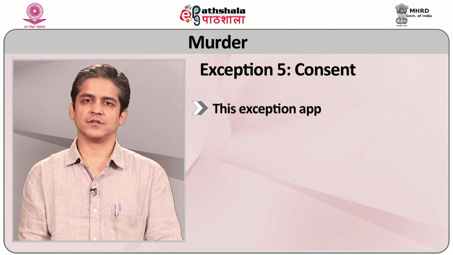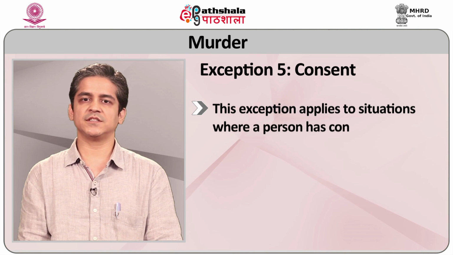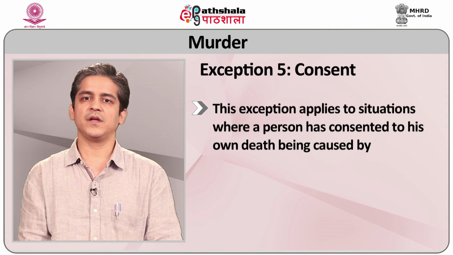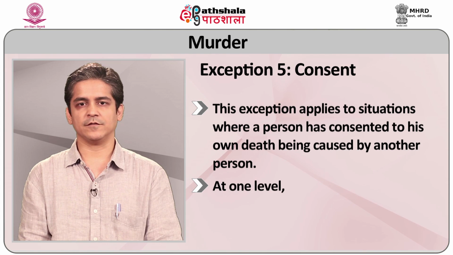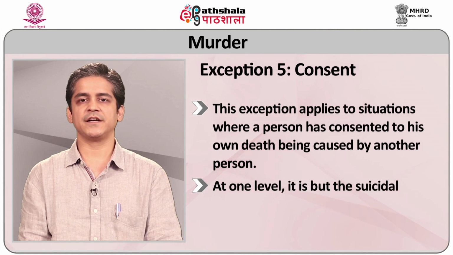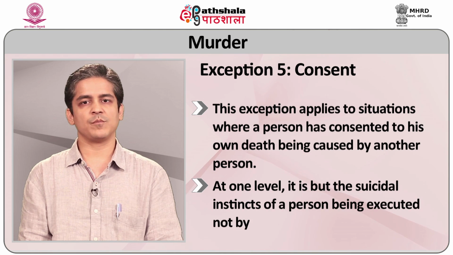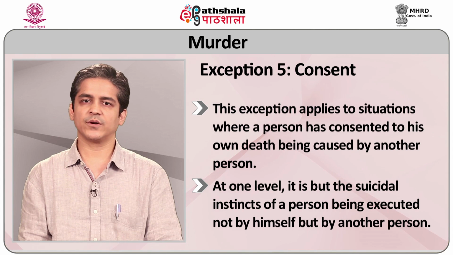This exception applies to situations where a person has consented to his own death being caused by another person. At one level, it is but the suicidal instincts of a person being executed not by himself but by another person. Let us look at the example.